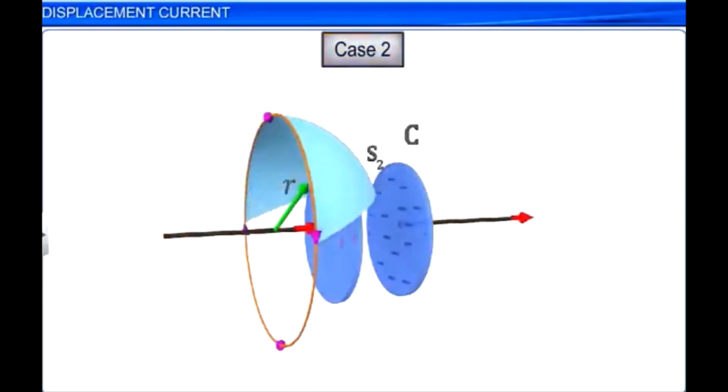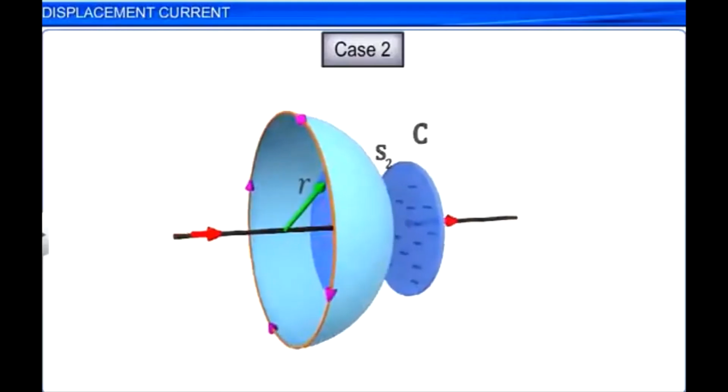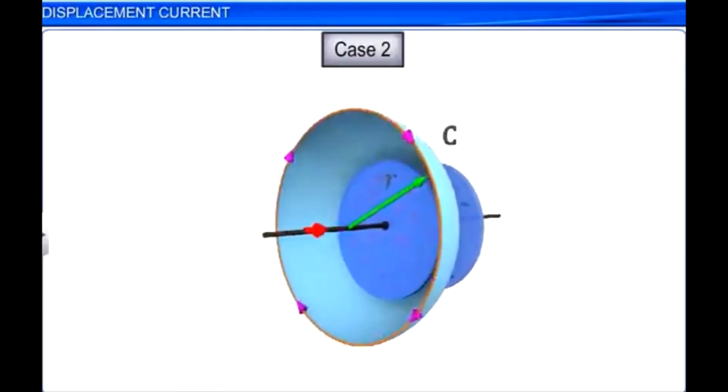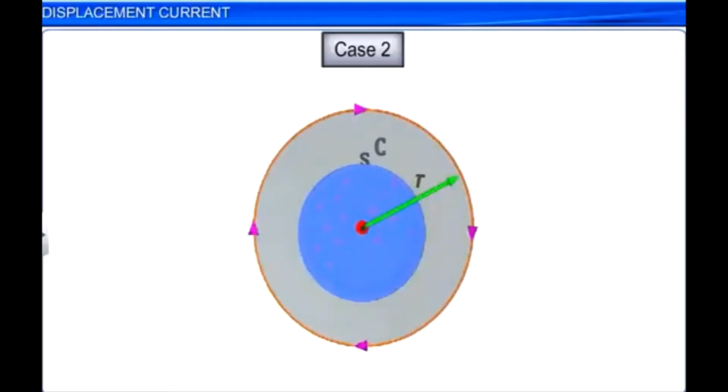Consider a surface S2 in the shape of a cup such that the bottom surface of the cup lies between the plates of the capacitor and the open surface of the cup coincides with the circular loop taken in the first case. Let the point P be on the open surface of the cup.